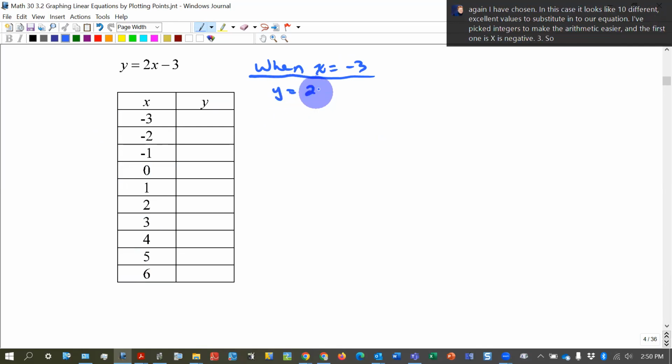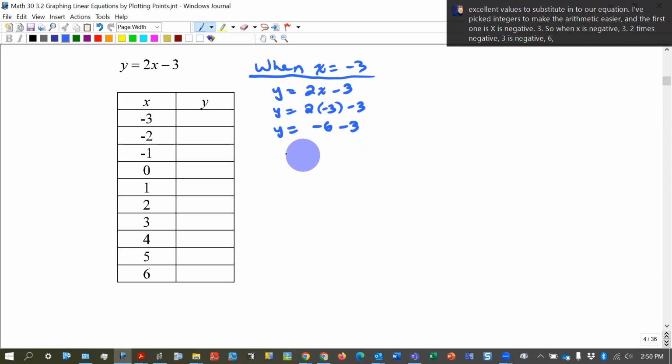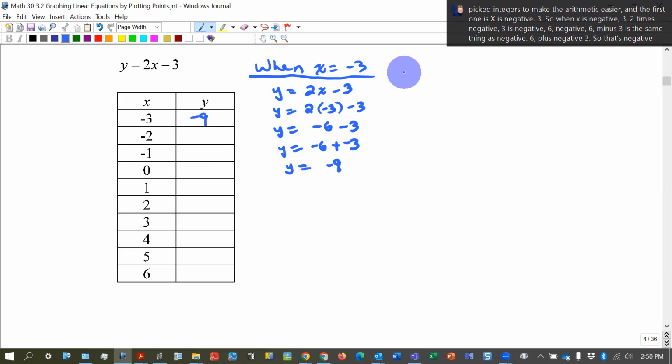So when x is -3, two times -3 is -6. -6 minus 3 is the same thing as -6 plus -3. So that's -9.